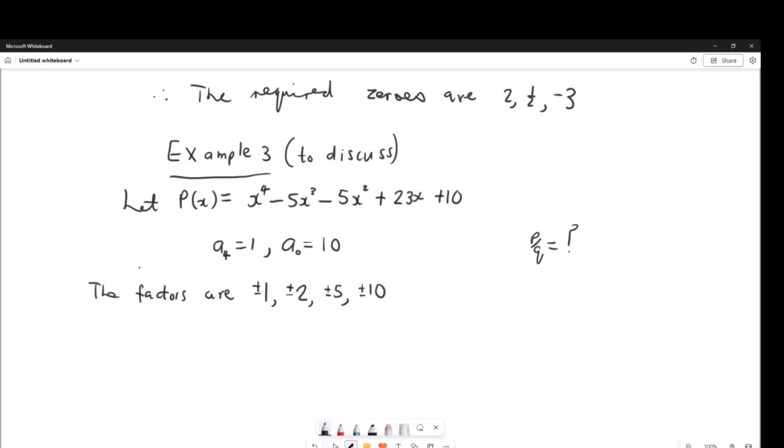So these are your factors, and they are also the possible zeros, by the rational zeros theorem.